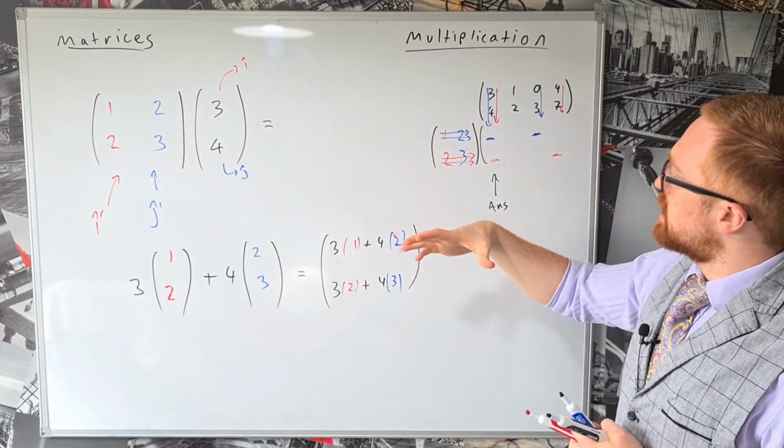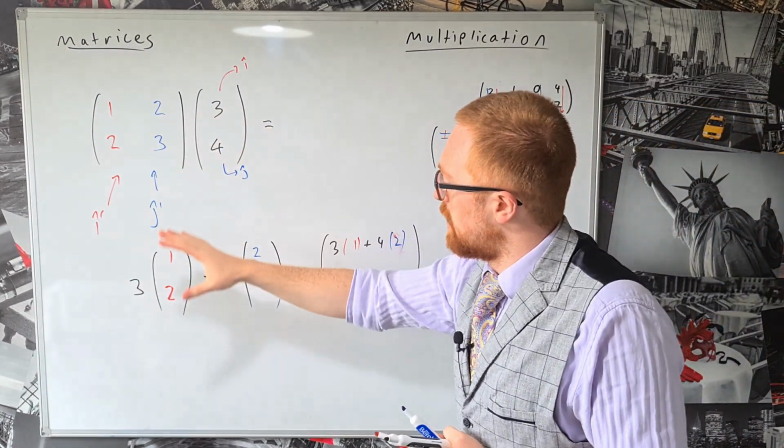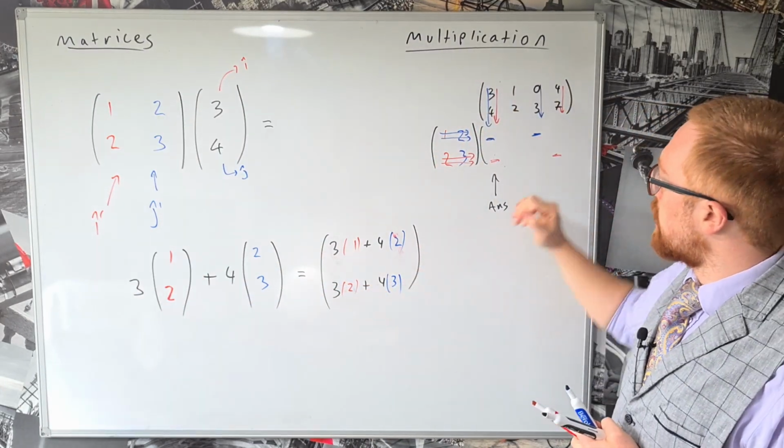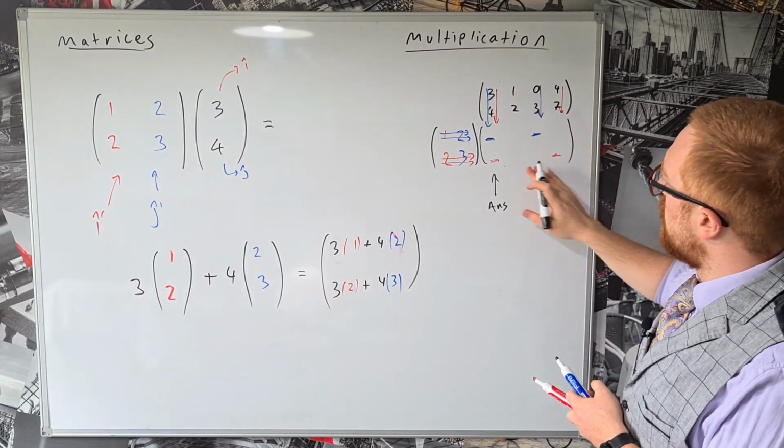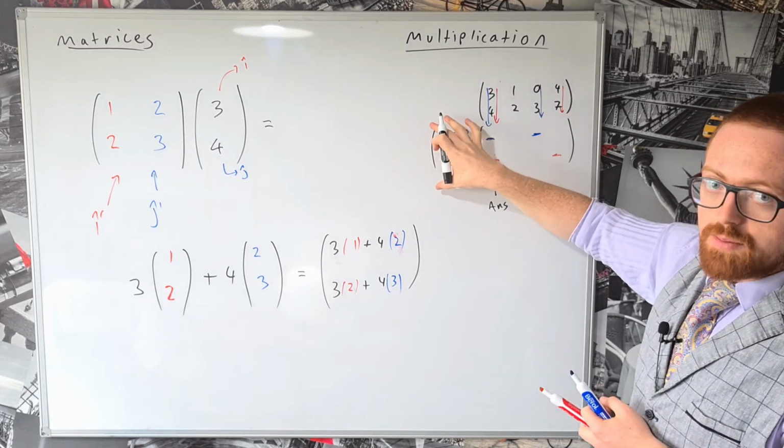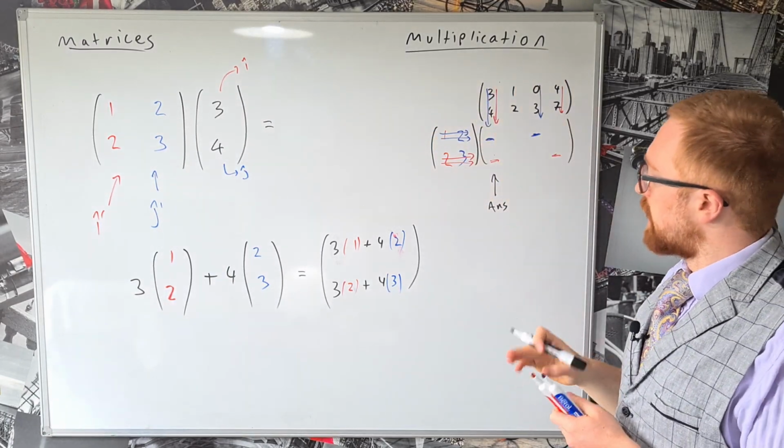Okay, so this idea of transformations has led us on a journey, and we've landed at this idea that we can multiply a 2 by 2 matrix, a transformation, by a series of vectors.